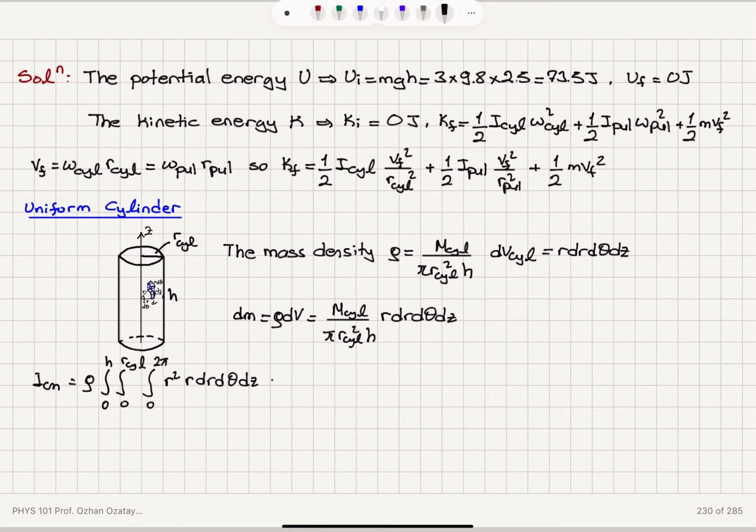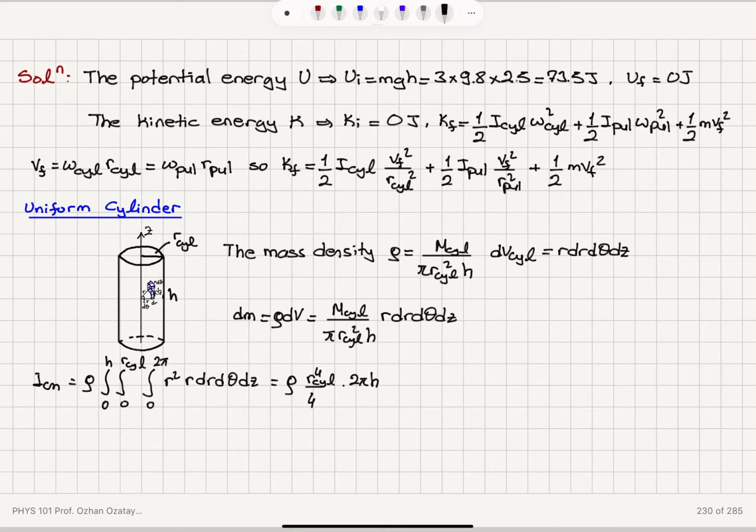So this gives us, if we perform the integrations one by one, for the r integral, r cubed dr will give us r to the 4 over 4. This is evaluated between r cylinder and 0, so this will be r cylinder to the 4 over 4. The angle integral d theta will give us 2 pi minus 0. The dz integral will give us h.